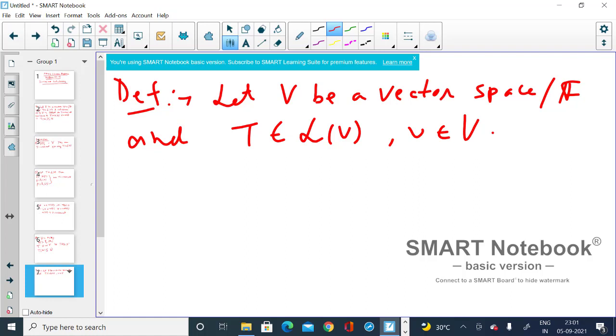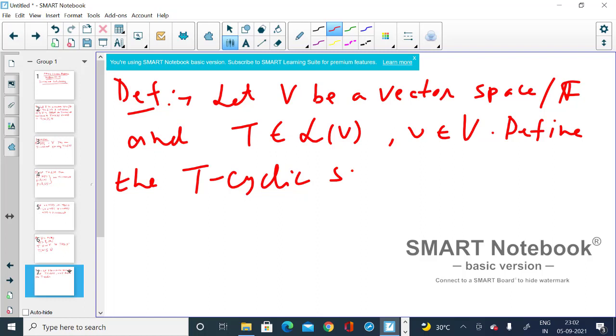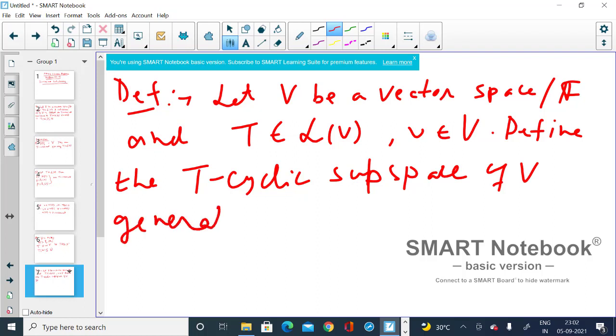Now we define the T-cyclic subspace of V generated by the vector v.